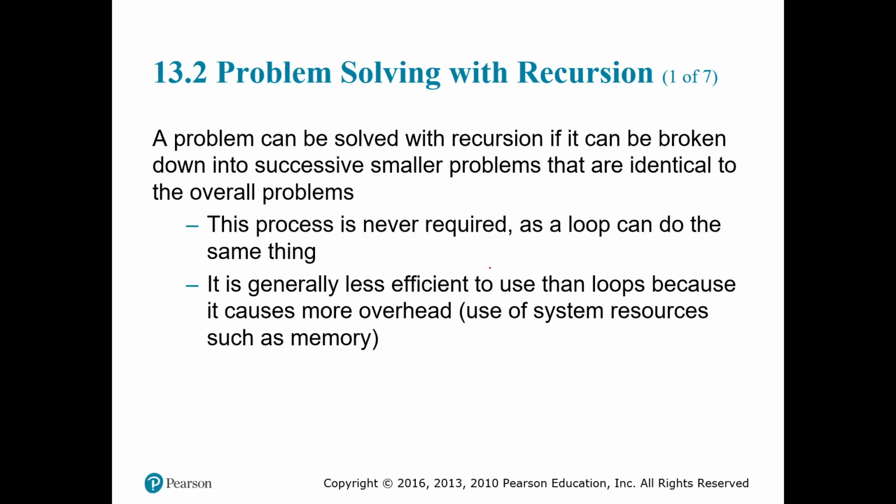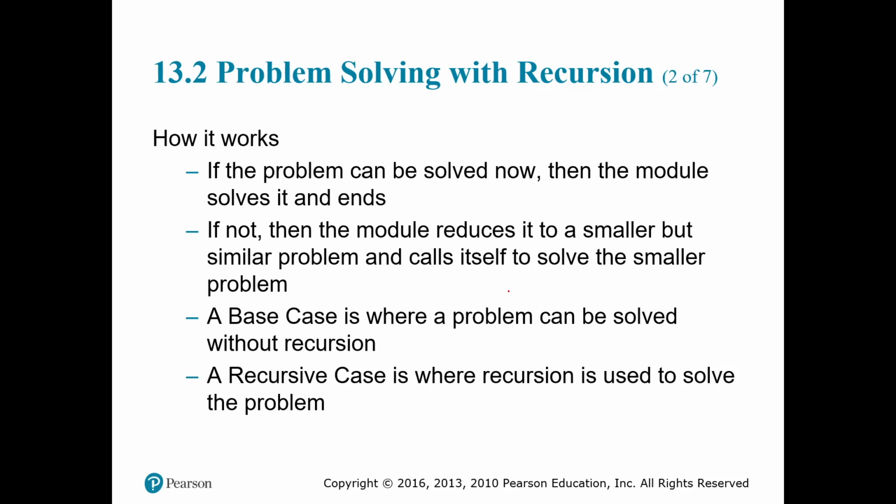So how does this concept work? If we have a problem that we can solve with just one repetition, then we just solve it and end the module. However, if we cannot solve that problem with just one repetition of the module, we will reduce the bigger problem to a smaller but similar problem, and then the module will call itself over and over again to solve the smaller problem.